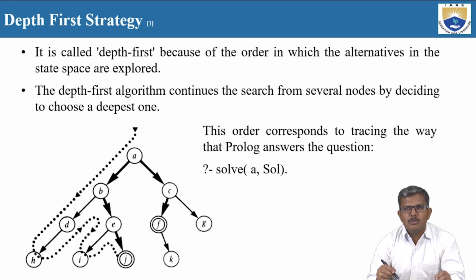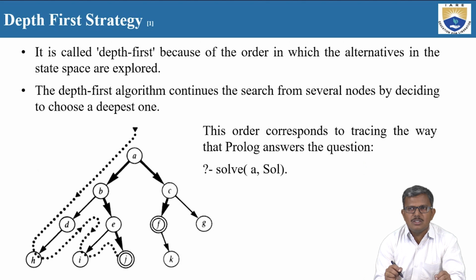We will try to understand more clearly. In the 8 puzzle problem, we have discussed how the breadth first search technique is used. When it comes to depth first search, we can say that it is also trying to give the alternatives in the state space by exploring each and every alternative. But we know that depth first search is going to select one particular path, which is nothing but the deepest one.